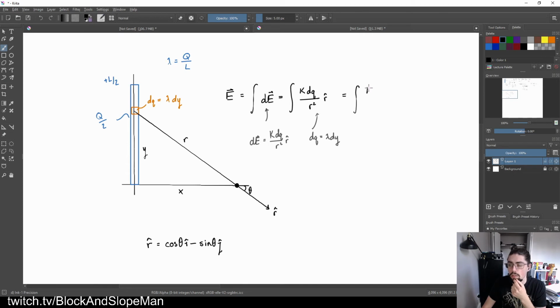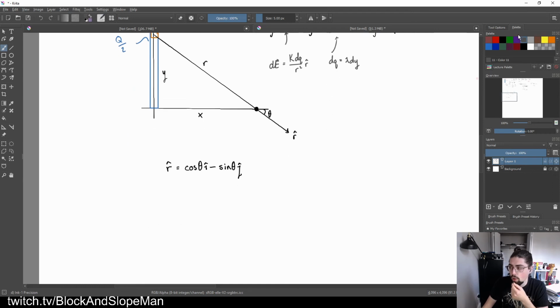That's so-so. Now, I'm going to actually sub in r hat first before I sub in r, and you'll see why. This is a clever trick I use sometimes.